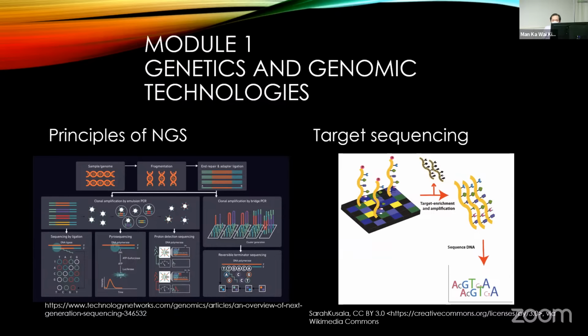Normally those areas, those fragments, have already been proved to be linked to a certain disease or certain clinical significance. So we would focus on that, and then students can know what other technology can help you to understand this target sequencing.